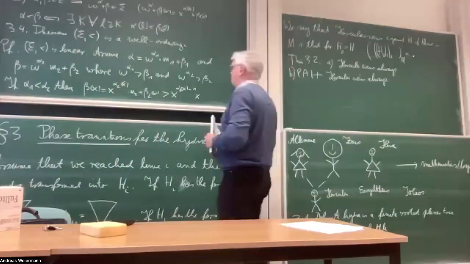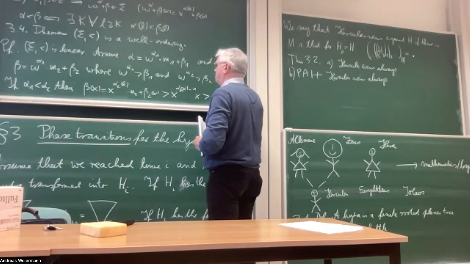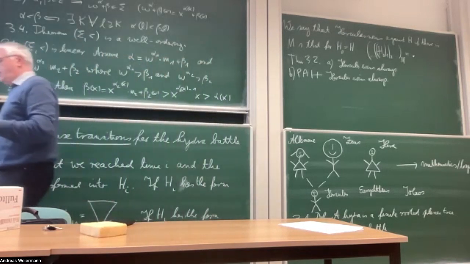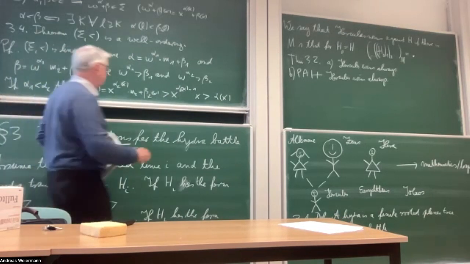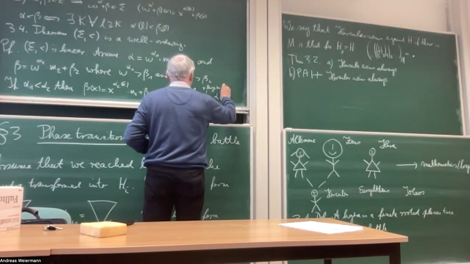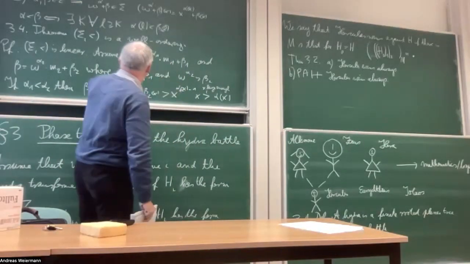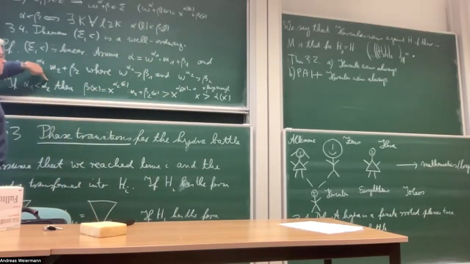And this is bigger than alpha 1 of x, for x large enough. So alpha 2 of x is dominating alpha 1 of x, because we have assumed that alpha 1 is smaller than alpha 2.